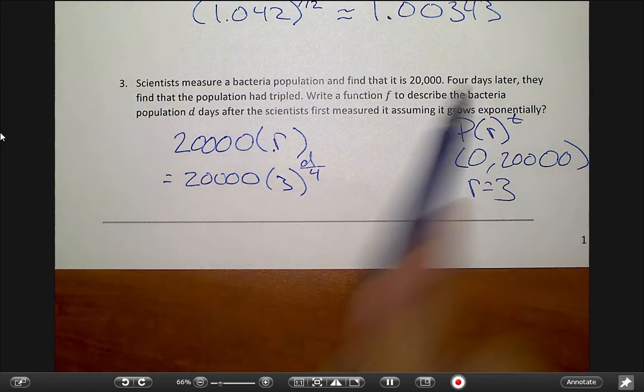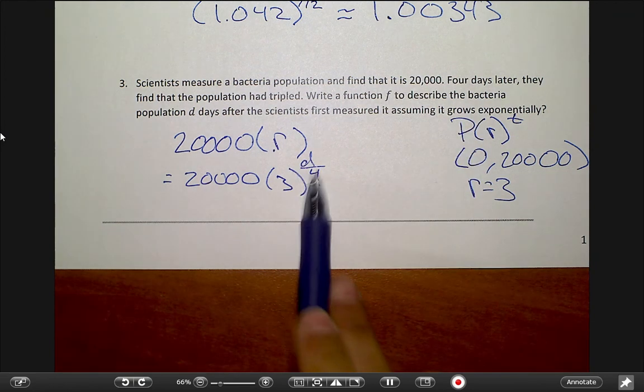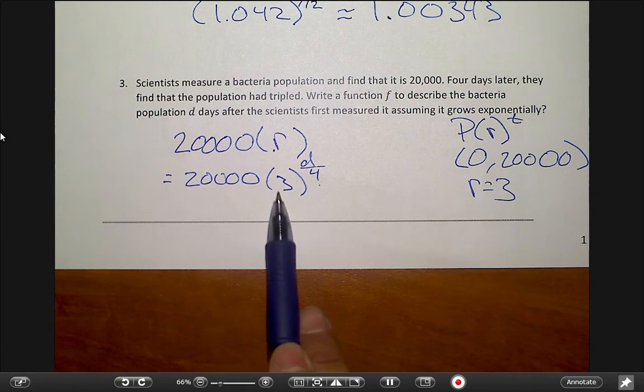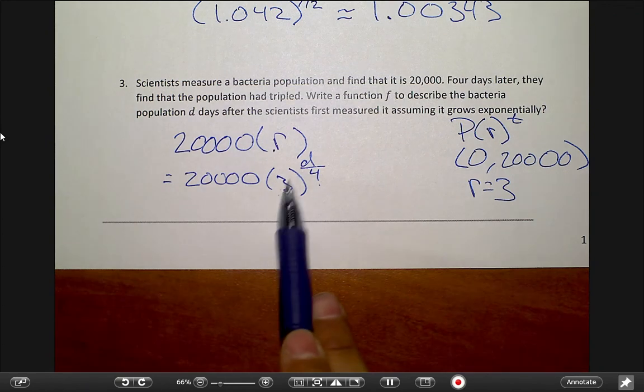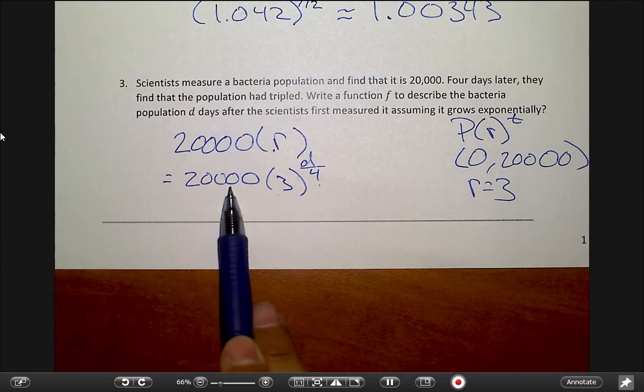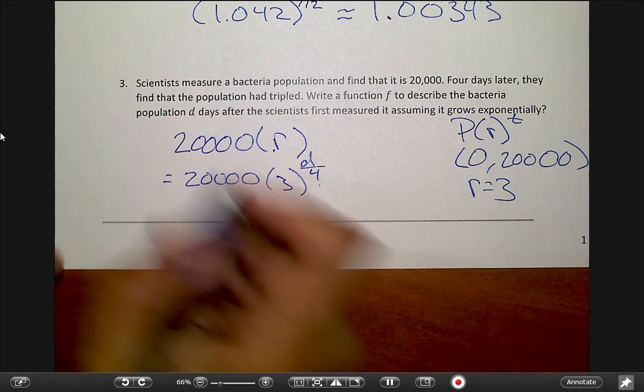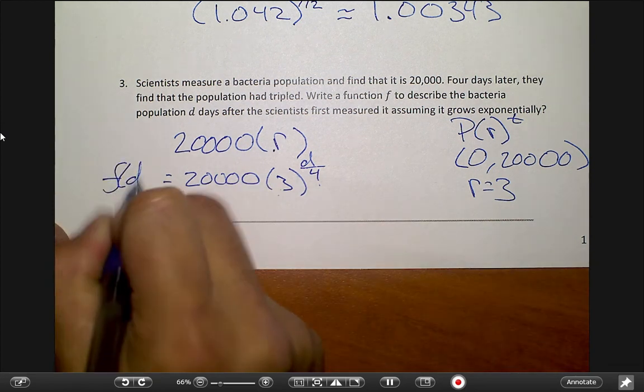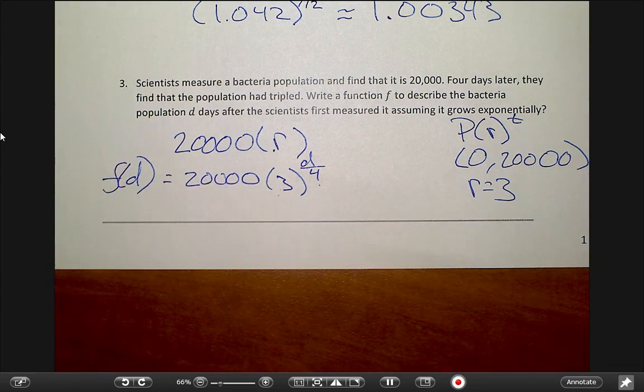Because in 4 days it will be 4 over 4, which is 1. So it'd be 3 to the first power, which is just 3. So it'd be 3 times this. So that would be my tripling. And that's going to be my f of d. That's it. Just write the function.